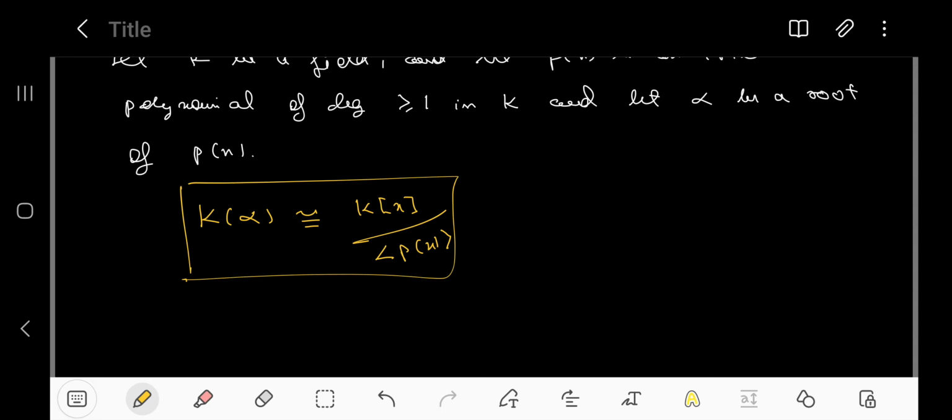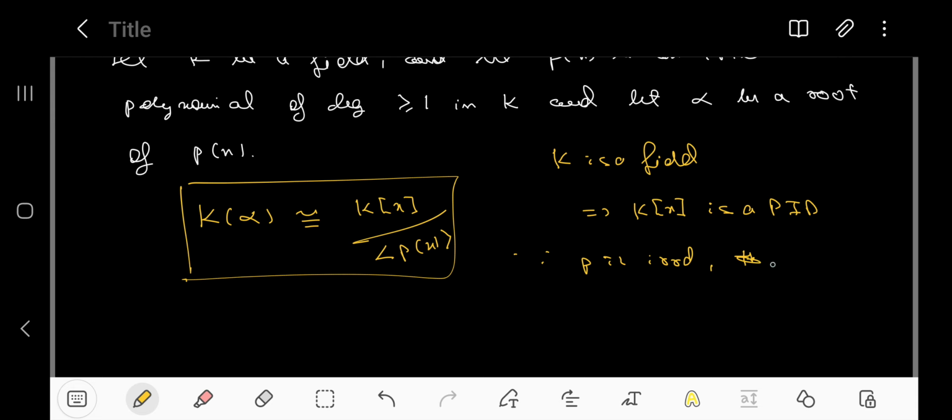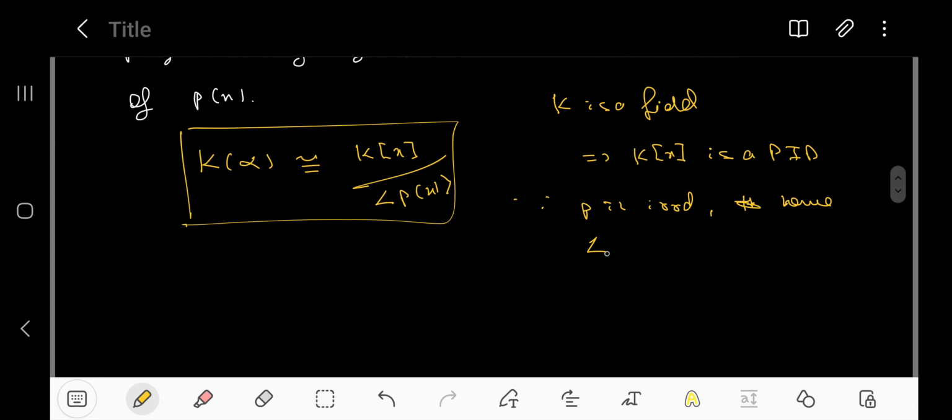Now why is this a field? K is a field, so K[x] becomes a PID. K is a field, which implies K[x], the polynomial ring of K, is a PID. Since P is irreducible, the ideal generated by P(x) is a prime ideal, which implies it is a maximal ideal.